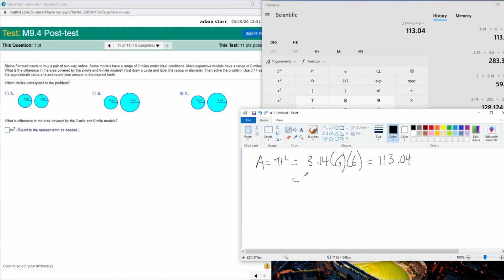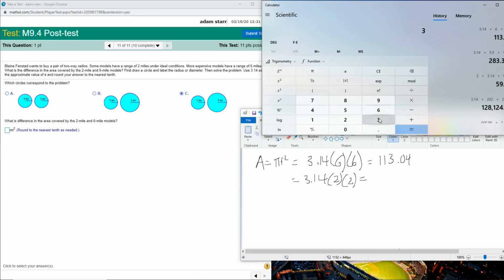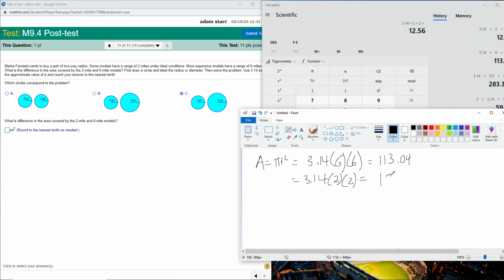The area of the second circle, the smaller one, has a radius of 2. So 3.14 times 2 times 2. Again, you can say it's 3.14 times 4, but I'm just going to do it all out. This is 12.56. Again, I'm not rounding, but now it's asking for the difference. Difference means subtract.